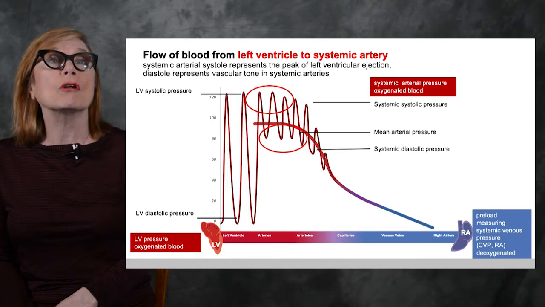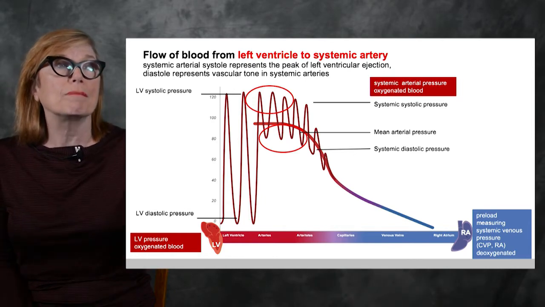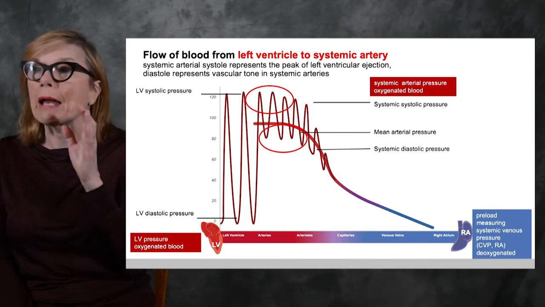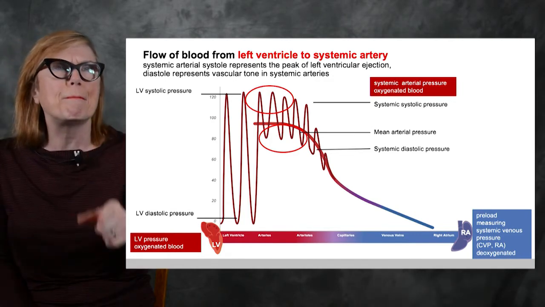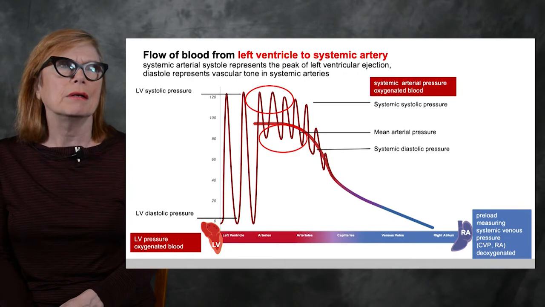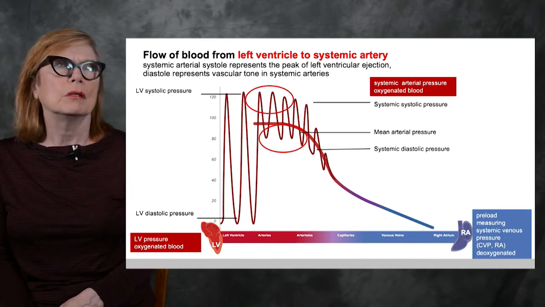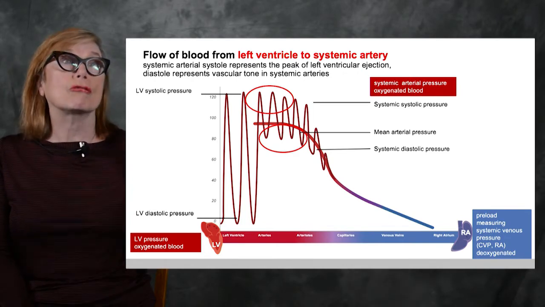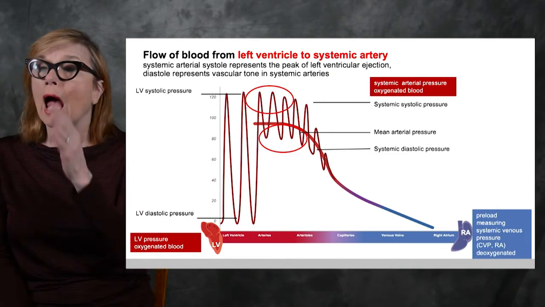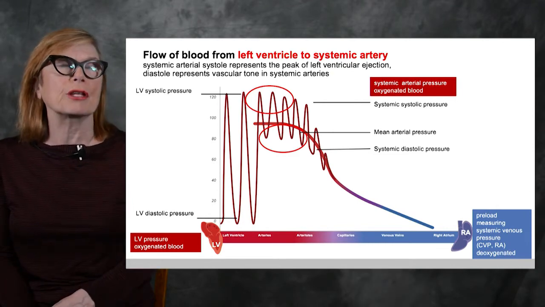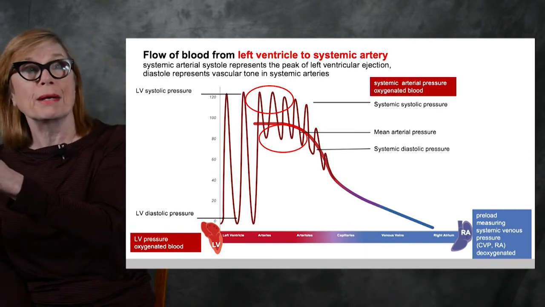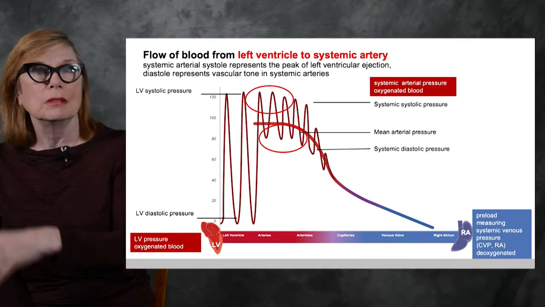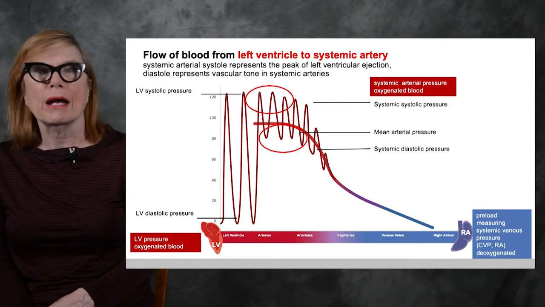The end result of the mean pressure is to drive blood flow through the capillaries and push the venous column of blood back to the right atria and therefore the right ventricle. So mean pressure drives perfusion through the capillary and pushes the blood back to the ultimate filling chamber for the left heart. The filling chamber ultimately at the end of its cycle is the right atria or the right ventricle.